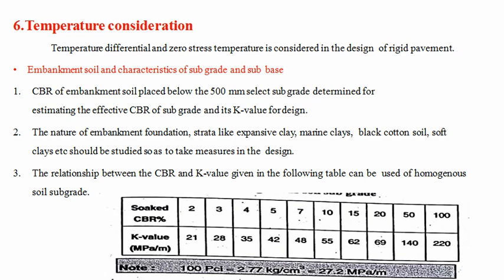The relationship between the CBR and K values is given in the following table, which can be used for homogeneous soil subgrade. That means we have the values of CBR and K which will be used for the homogeneous soil subgrade mass.